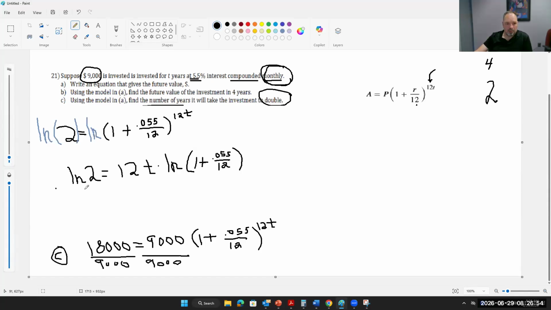And then what I'm going to do is I'm going to divide both sides by 12 and also divide by the natural log of 1 plus 0.055 over 12.